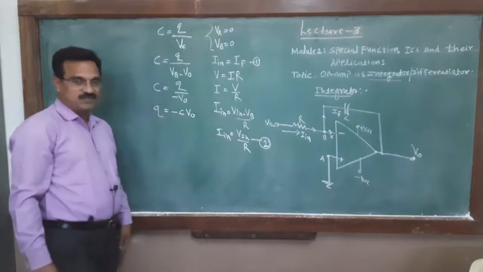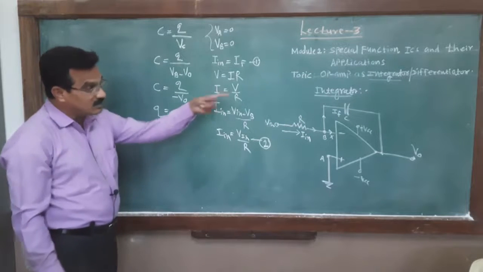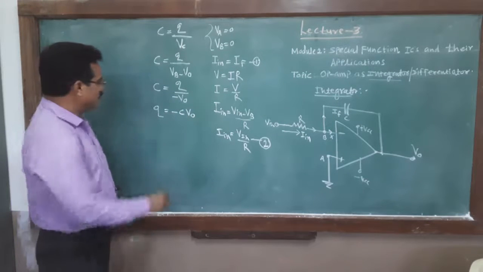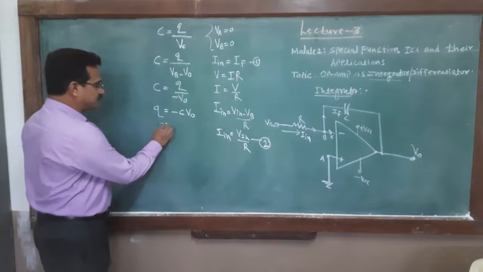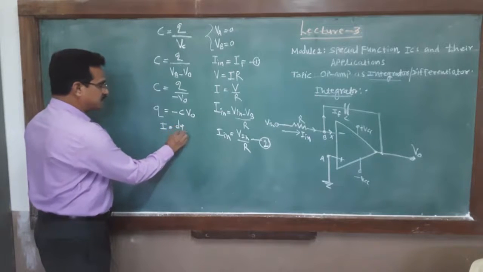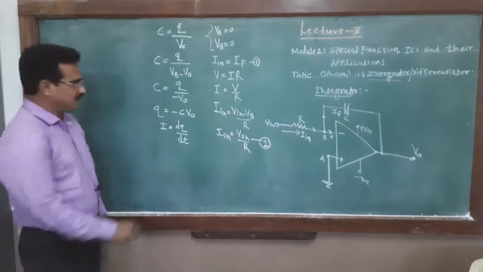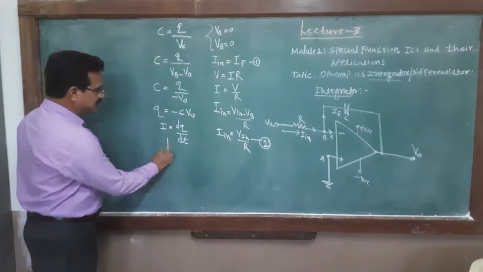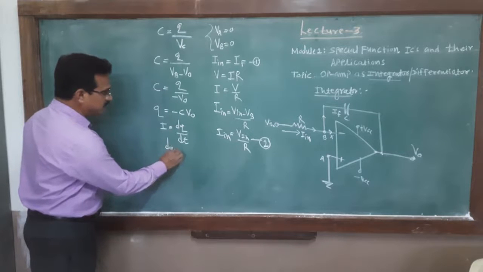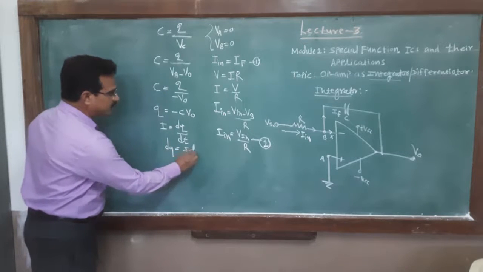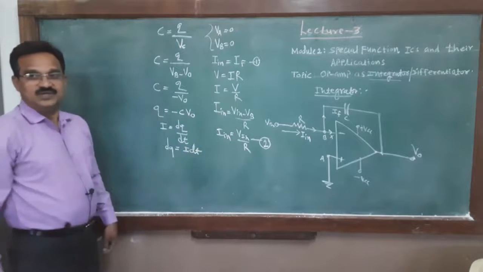We get this relation. But how will you find the current flowing through this? We know the relation I is equal to dq by dt. Then dq is equal to I into dt.